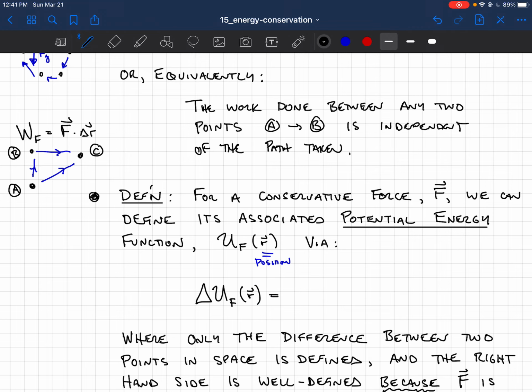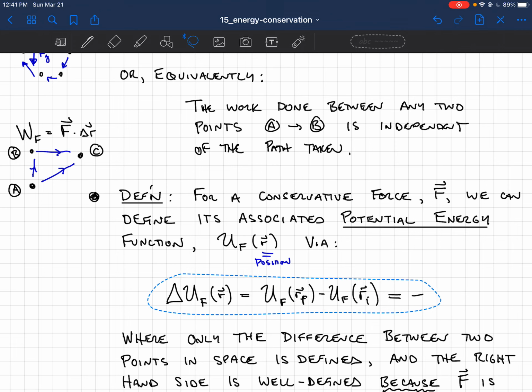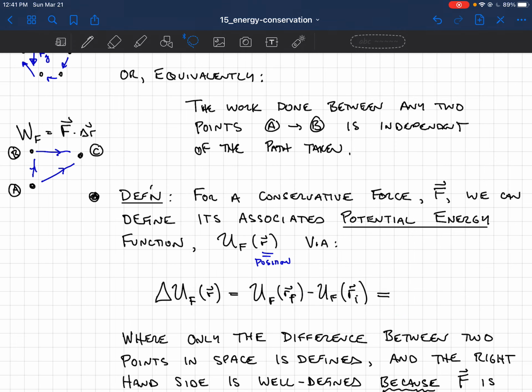So you could call that U_F at the final point minus U_F at the initial point. That's what we mean by the delta. Both of those things mean the same thing, and here's the definition. It is minus the work done by the force in going from the initial to the final point.